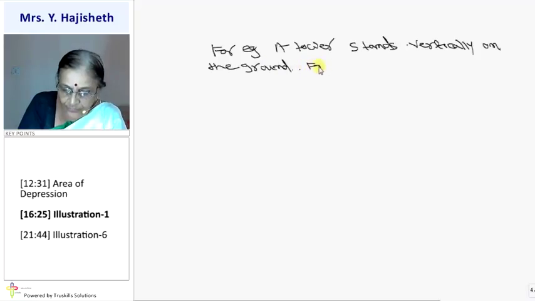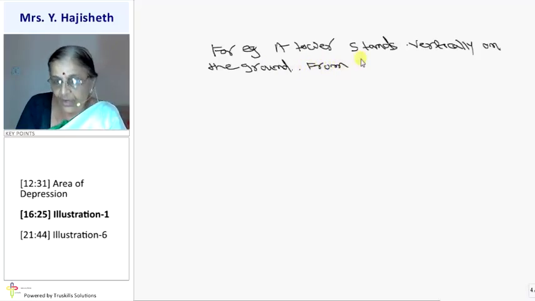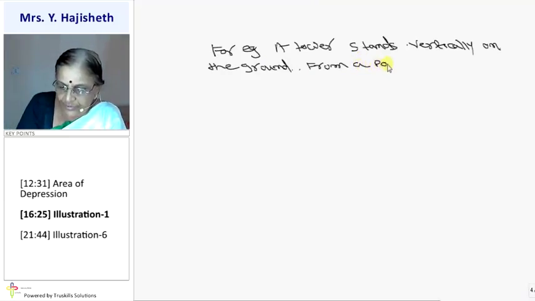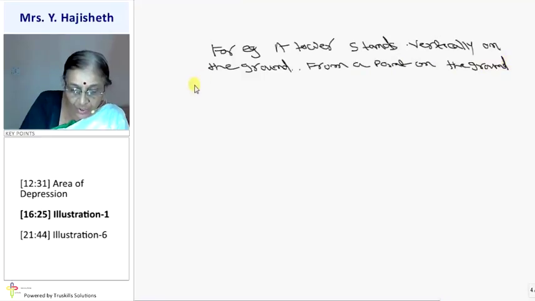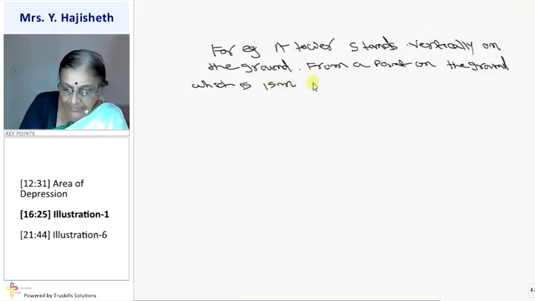Now from a point on the ground, ग्राउंड पर एक पॉइंट लेते हैं हम, वो पॉइंट से, वो पॉइंट कितना, at what distance, which is 15 meters away from the foot of the tower.